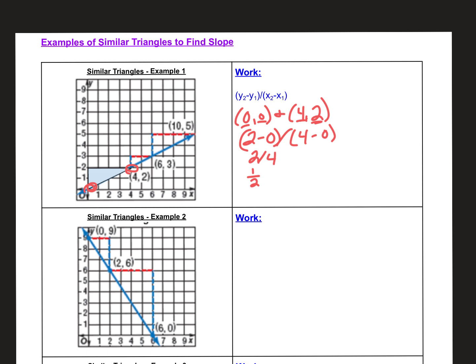Now, what if I get a different triangle? What if instead I use the points 4, 2, and 6, 3? Okay, I'm going to do this work in blue so you can tell where it is.